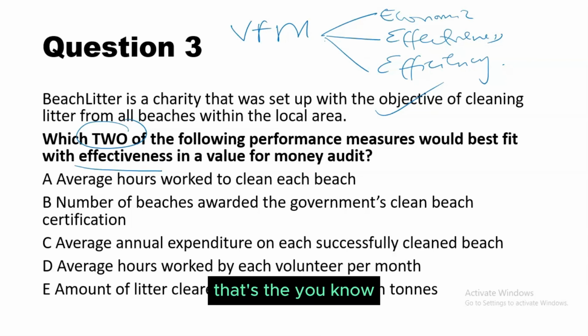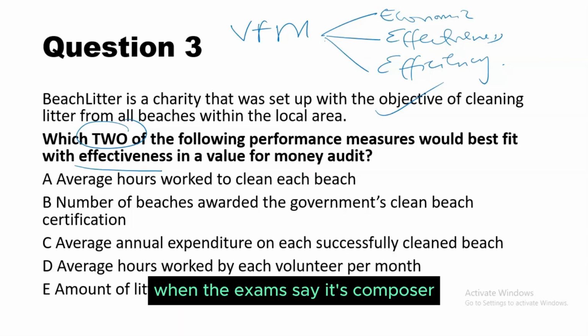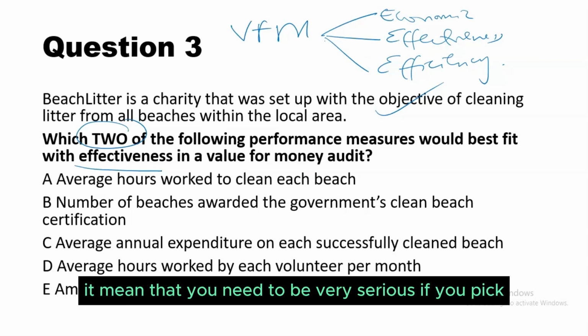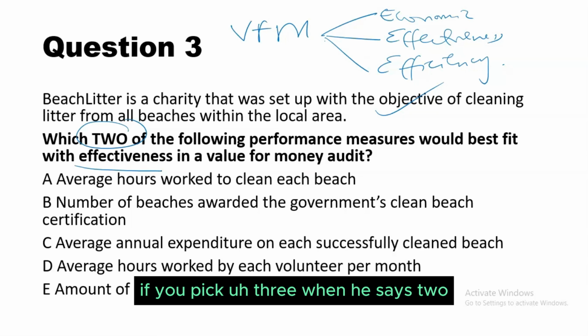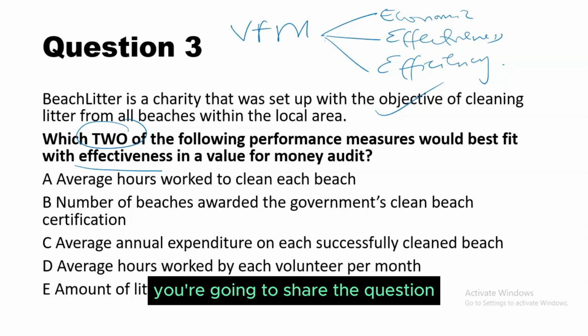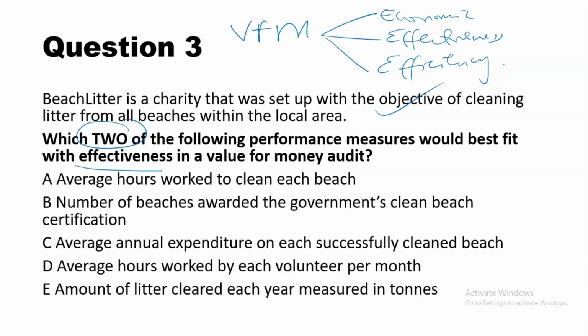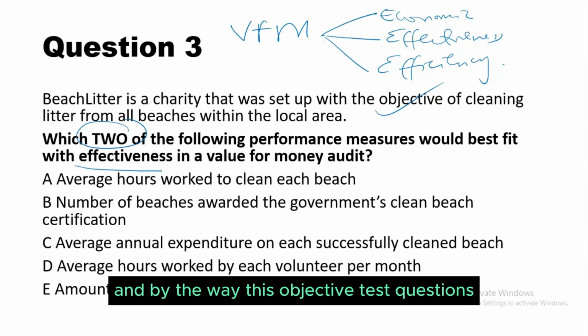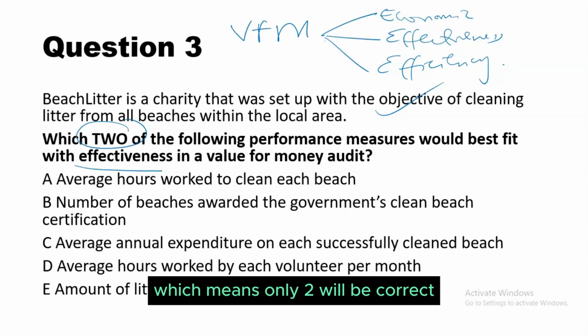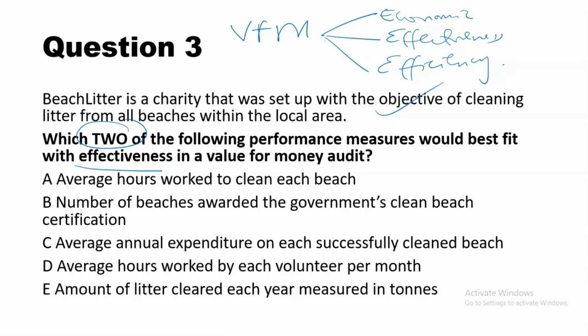When the examiner says it's compulsory, you need to be very serious. If you pick 3 when he says 2, you're going to fail the question. And these are objective test questions, which means only 2 choices will be correct.